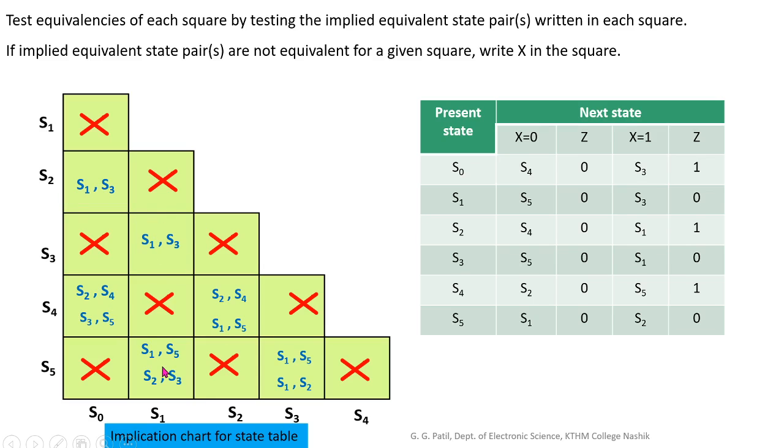While in the remaining state squares, we have to check implied equivalency of these remaining states.